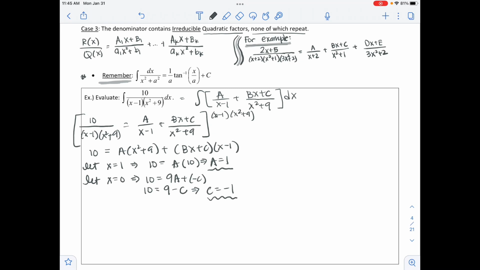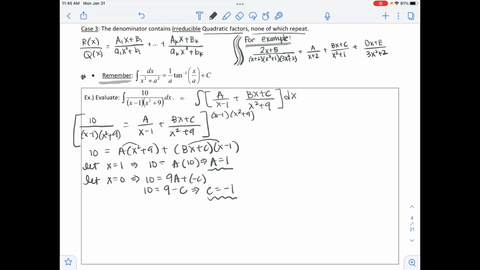So now we just need to determine what b is. And so I noticed that my b term would end up with an x squared if I were to multiply everything out. And so looking at my x squared terms, I noticed that I would have an ax squared and then also a bx squared when I multiply those. My left side though has no x squared values, it's just a constant, it's just 10.